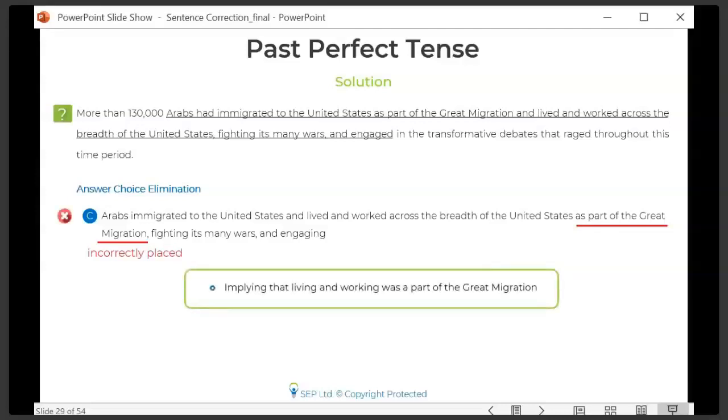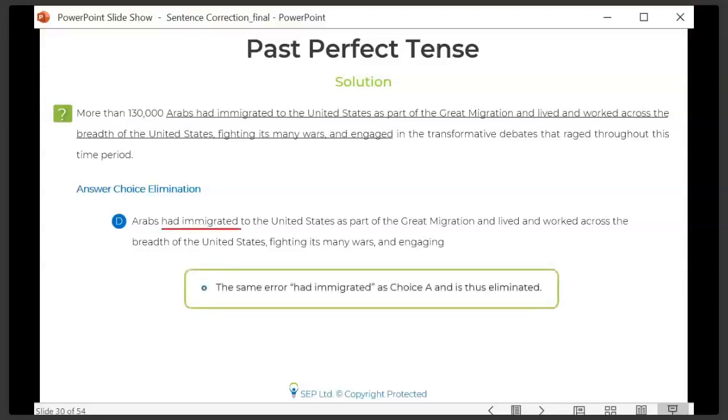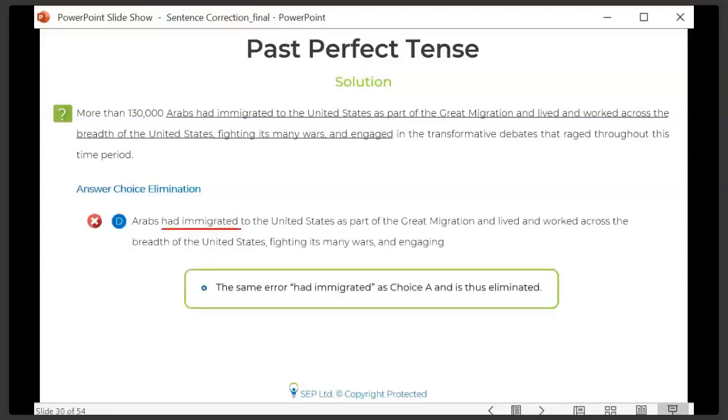Let us now move to choice D. Choice D has the same error, "had immigrated." If you had spent enough time on the original sentence, then while going through the split of the answer choices, you would have eliminated choice D right away. So choice D is eliminated. Though a lot of you had marked choice D as the correct answer, let me again put a poll for you.